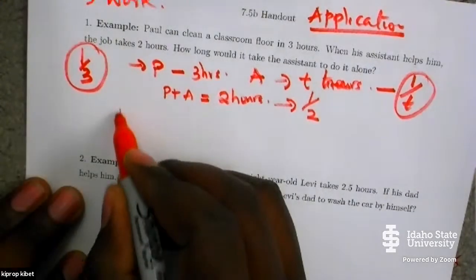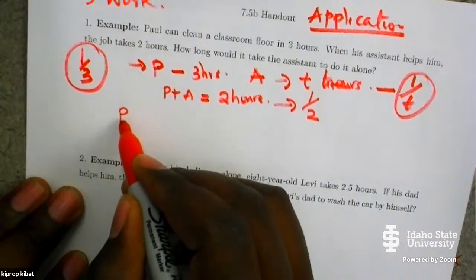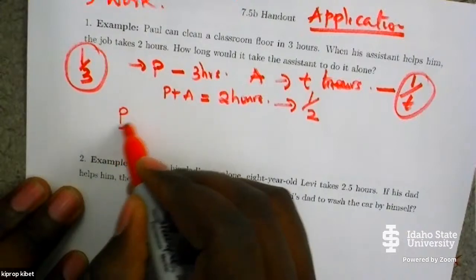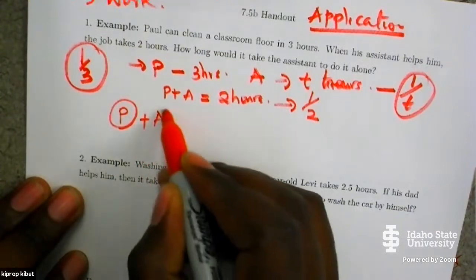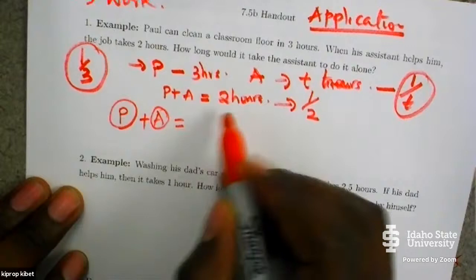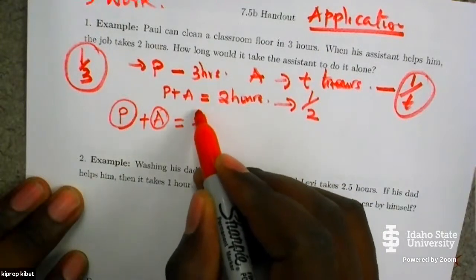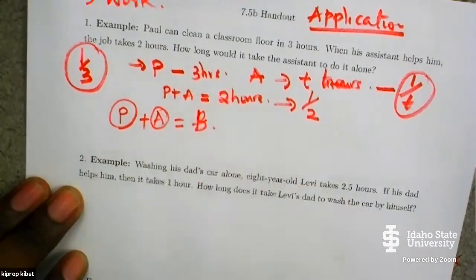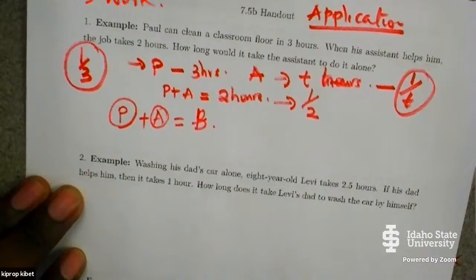So therefore, the amount of job that Paul has done plus the amount of job that the assistant has done in 1 hour equals the amount of job that both of them will have done in 1 hour.